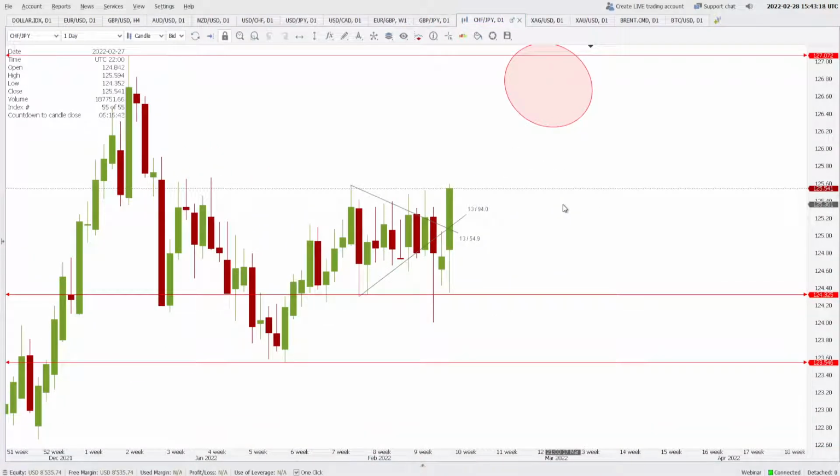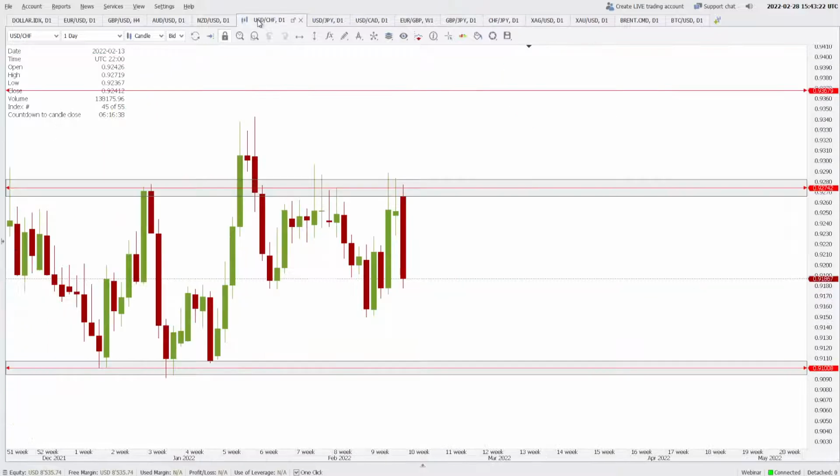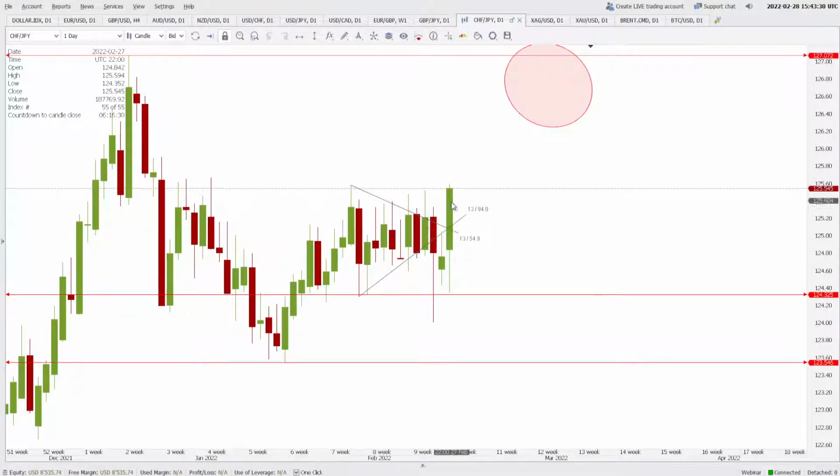Talking about the CHFJPY, Swiss franc is much stronger today. We can see from the USDCHF, this is the strong Swiss franc which is letting the price of USDCHF go down. Now here CHFJPY is soaring, actually engulfing all the candles on the way. Now how many candles is it engulfing? 1, 2, 3, 4, 5, 6, 7, 8, 9, 10, 11, 12, 13, 14, 15, 16, 17, 18, almost 18 days of price action.